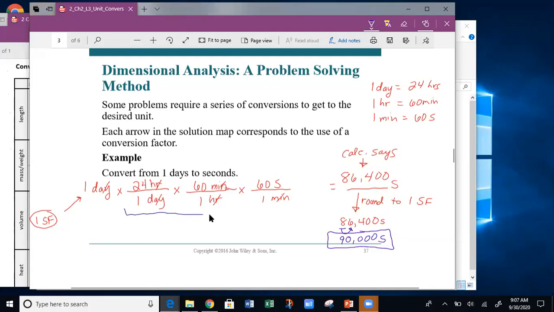And I will remind you that we do not take conversion factors into consideration when determining how many sig figs to round our answer to.